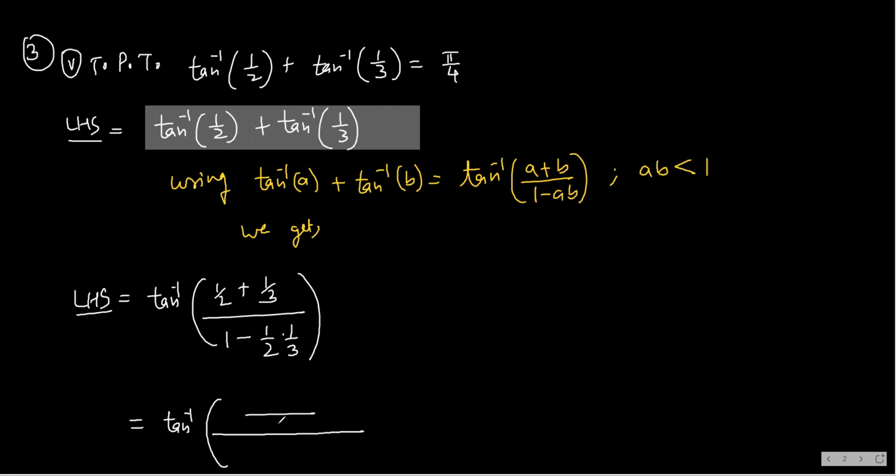see, the LCM here is 6. So we'll get 3 plus 2 in numerator, and here 1 minus 1 by 6.